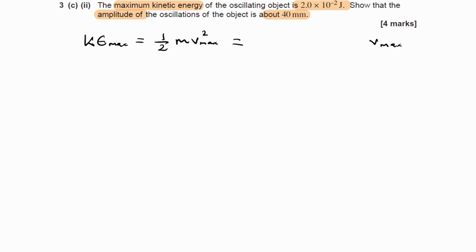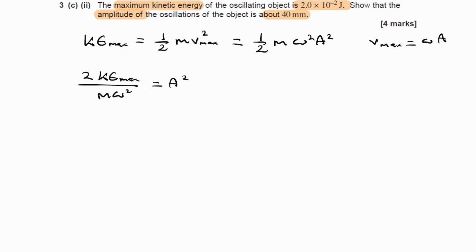Vmax, maximum speed, is omega A. So this will be a half m times omega squared A squared, subbing this omega A into what we have here. If we rearrange that for amplitude, we get KE max times 2 divided by m omega squared is A squared.